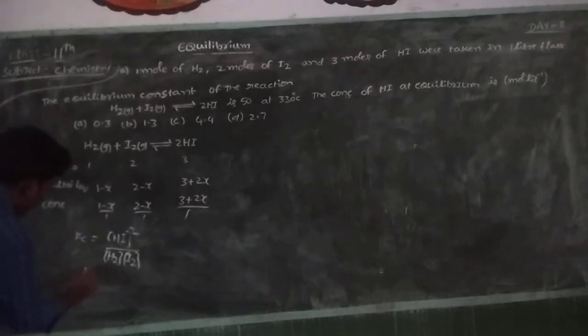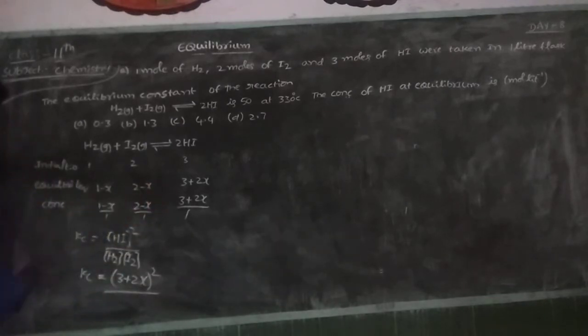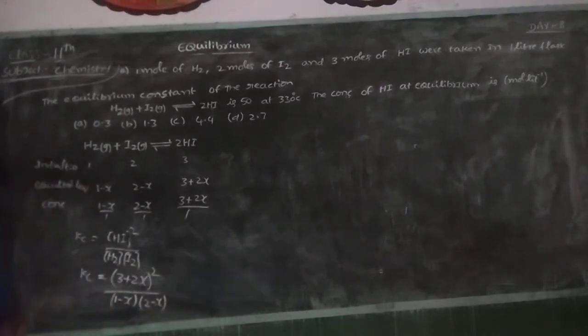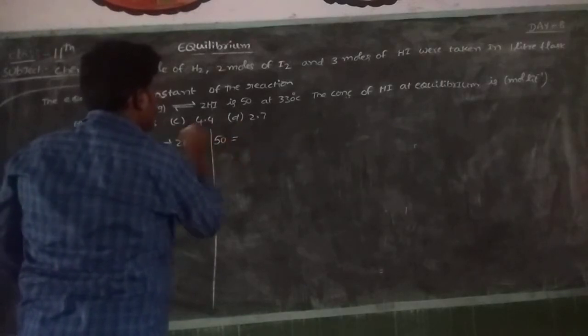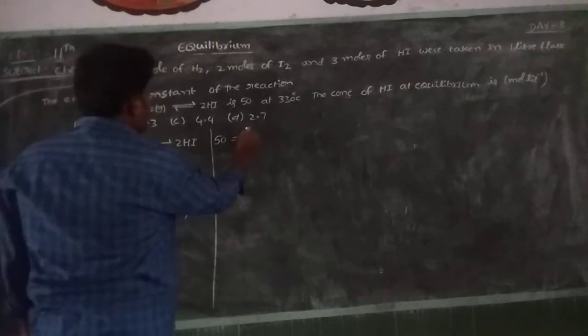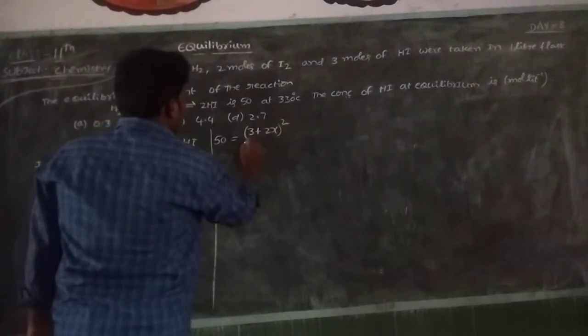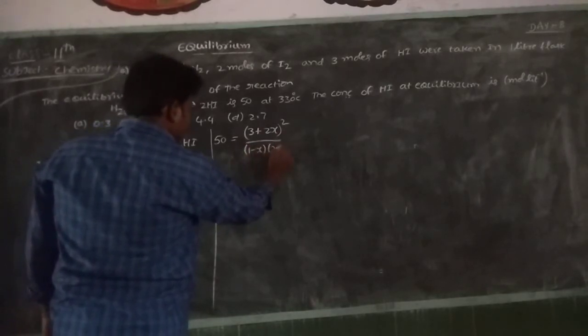So Kc is 3 plus 2x whole square upon 1 minus x into 2 minus x. Kc is given as 50, so 50 is equal to 3 plus 2x whole square upon 1 minus x, 2 minus x.